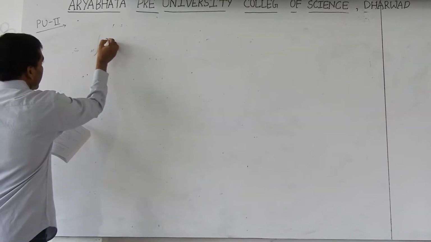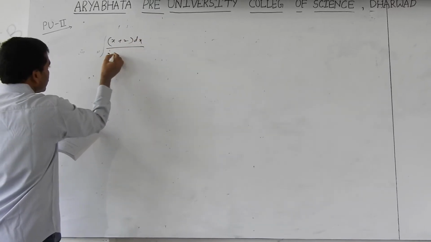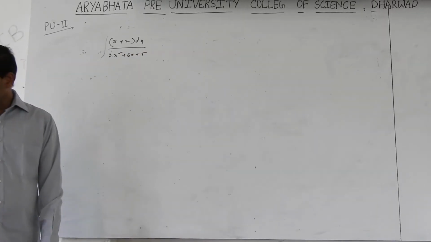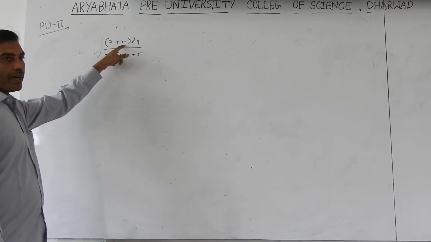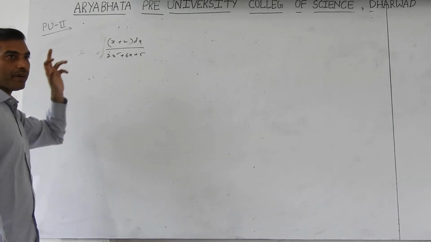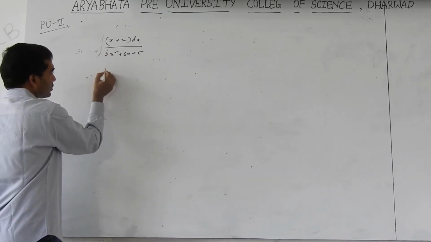Integration of (x plus 2) dx by (2x square plus 6x plus 5). Does it contain the third method? Yes, px plus q by ax square plus bx plus c. In step 1, the numerator is x plus 2.